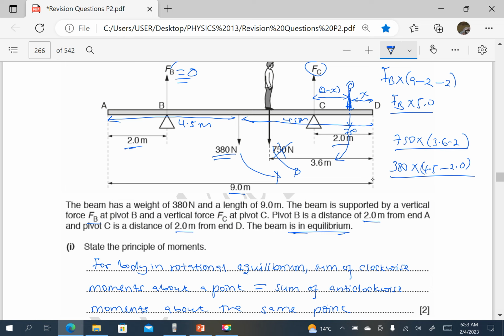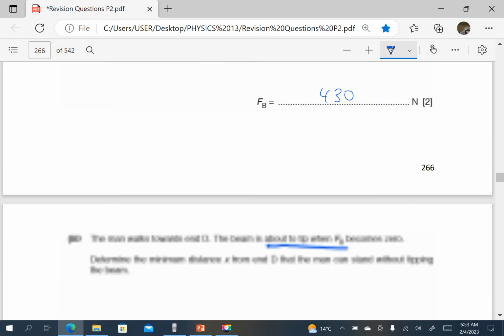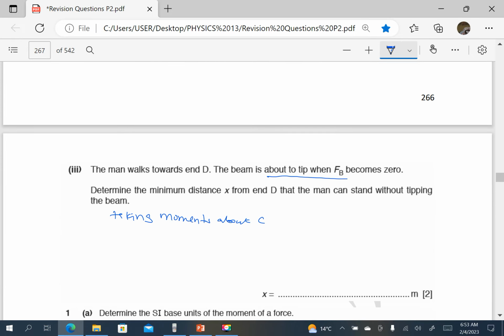380 newtons, its perpendicular distance will remain 4.5 minus 2, which is 2.5. But for 750, its perpendicular distance will now be 2 minus x. So by taking moments about C, the clockwise moment, 750 times (2 minus x), is equal to the anti-clockwise moment, 380 times 2.5.